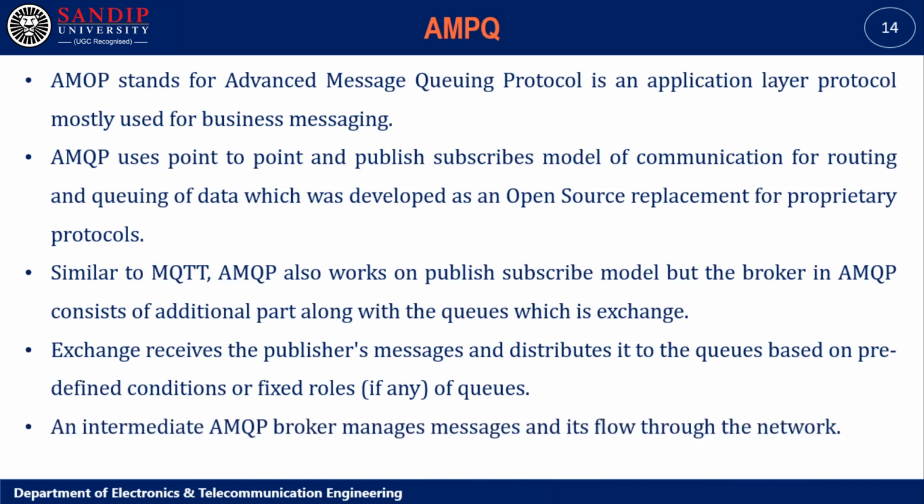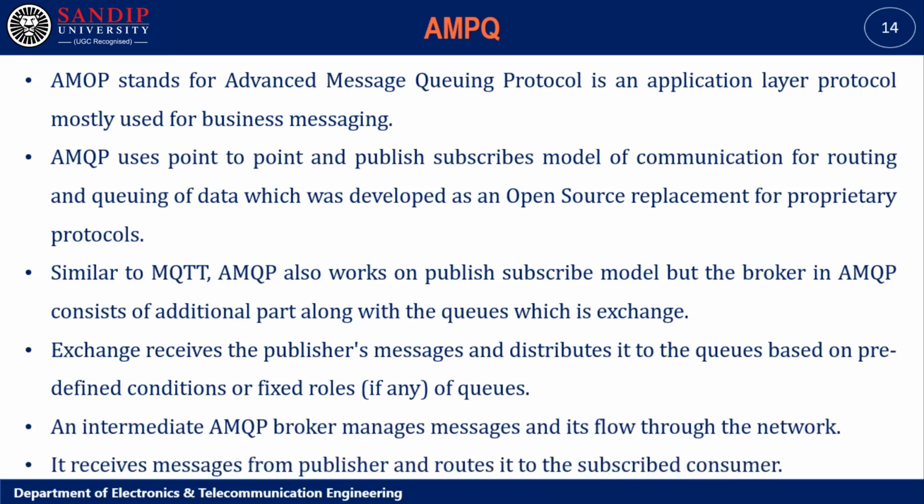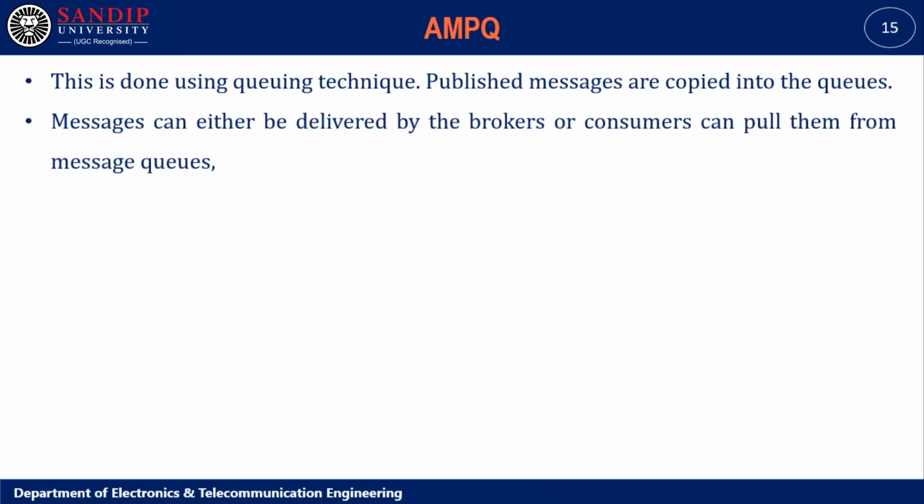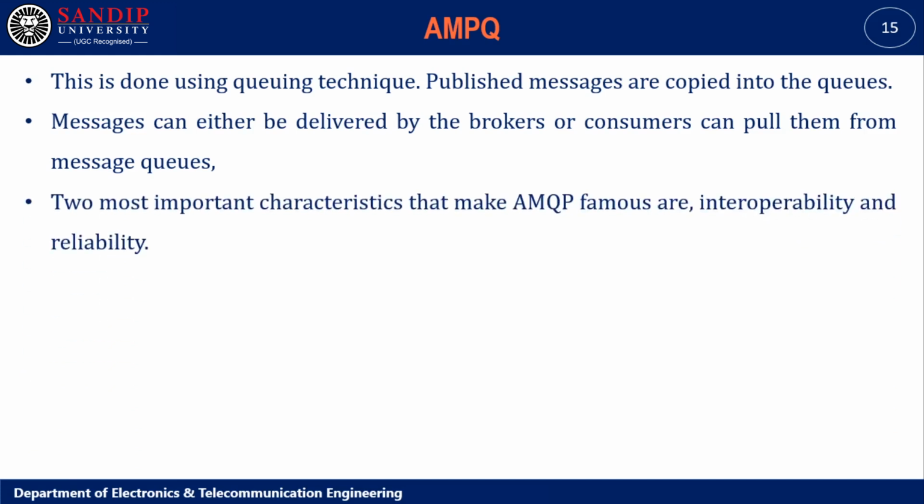An intermediate AMQP broker manages messages and their flow through the network. It receives messages from the publisher and routes them to the subscriber or consumer. This is done using a queuing technique. Published messages are copied into the queues. Messages can either be delivered by the brokers or consumers can pull them from the message queues.